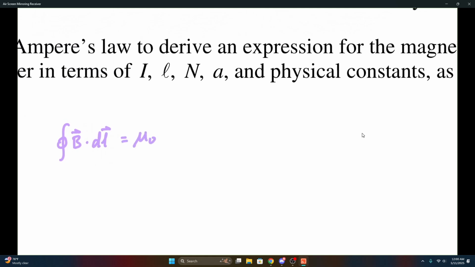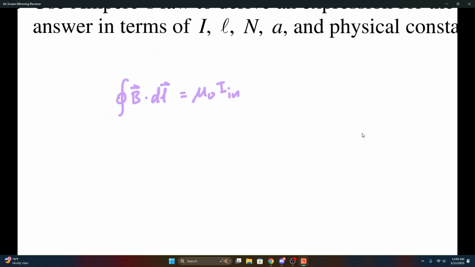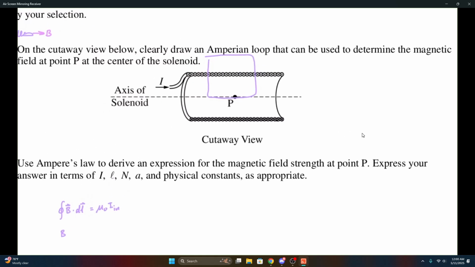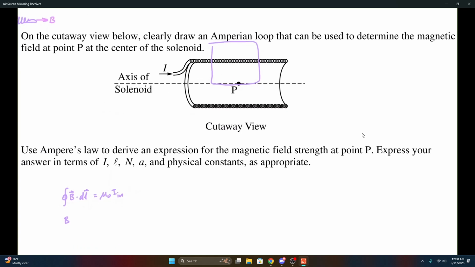B·dl equals mu naught I enclosed. So we don't have to worry about the dot product or whatever. There's only field in here, so that's going to be the only leg that gets any field.